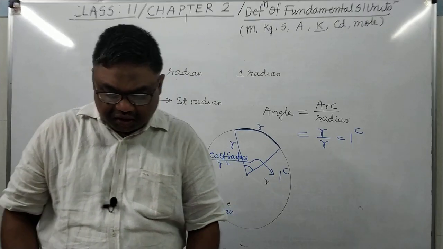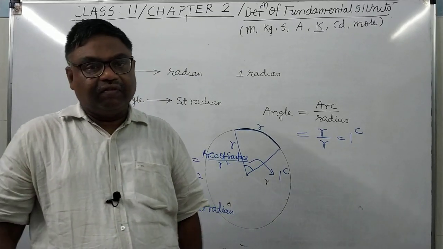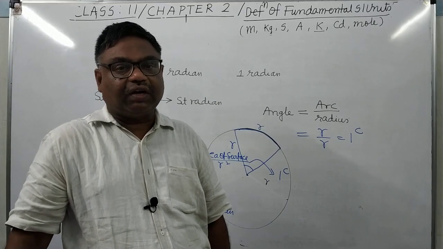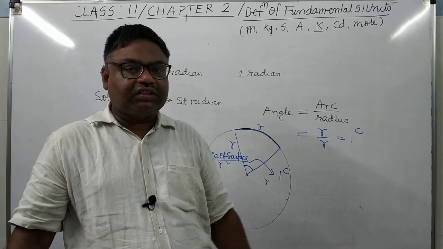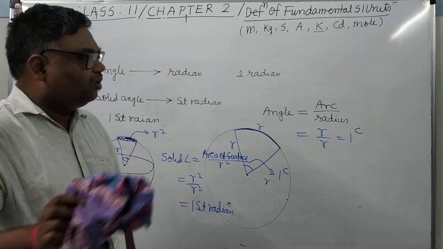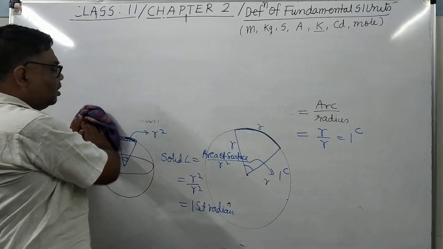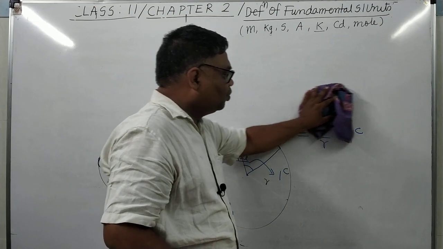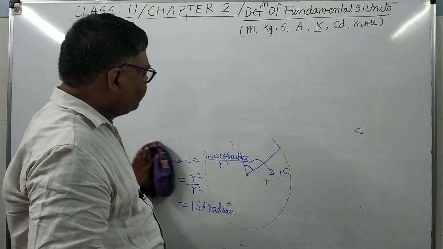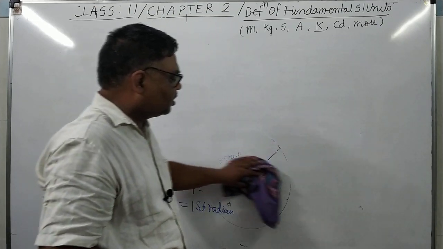So these are the definitions of the fundamental units. After this, derived units. I have already explained what derived units are. As we know, the SI system of units is a coherent system.